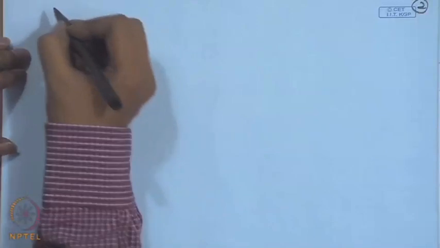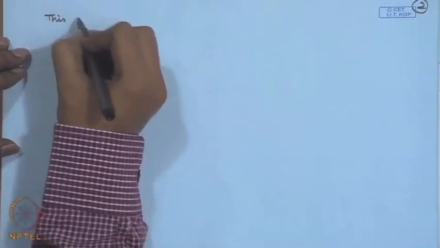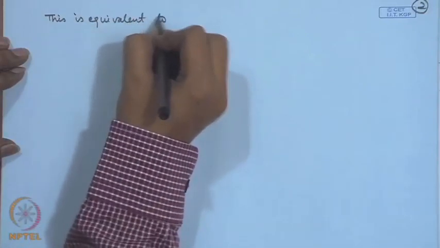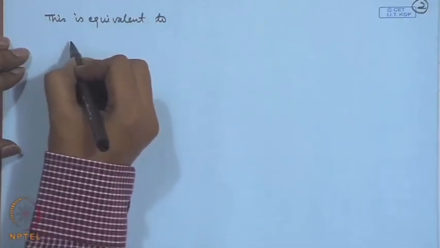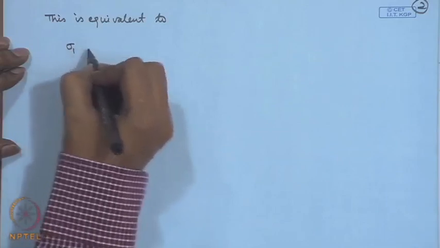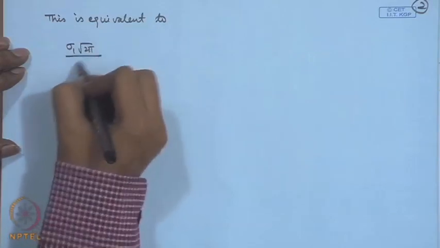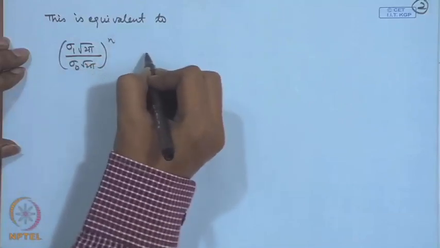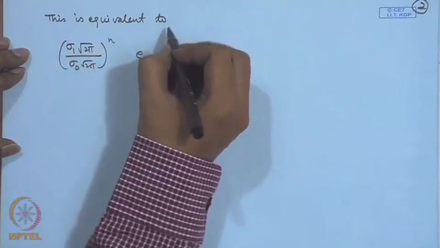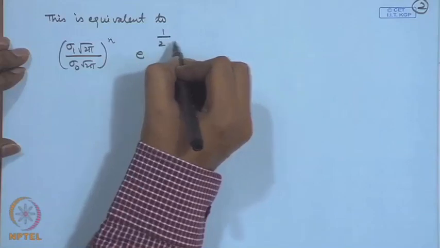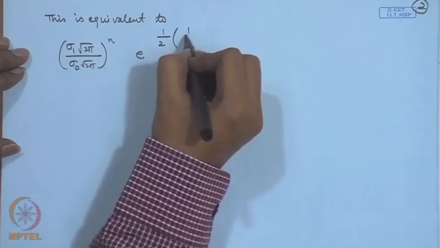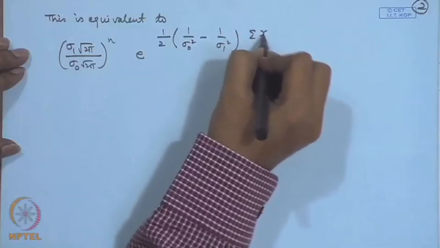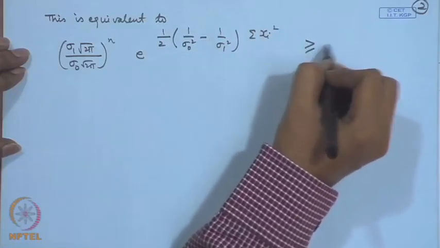So, we write the region as equivalent to: sigma 1 by root 2 pi divided by sigma naught root 2 pi to the power n, e to the power 1 by 2 times (1 by sigma naught square minus 1 by sigma 1 square) sigma xi square, greater than or equal to k.